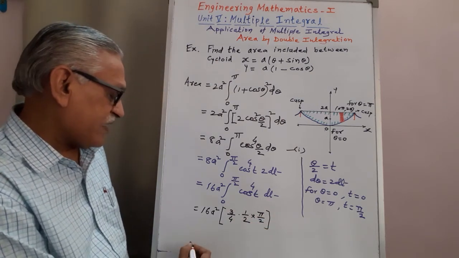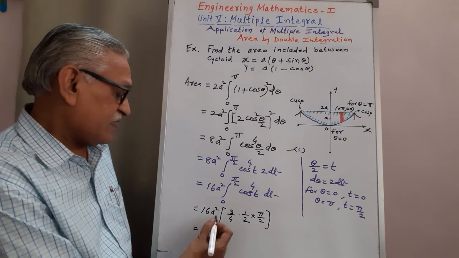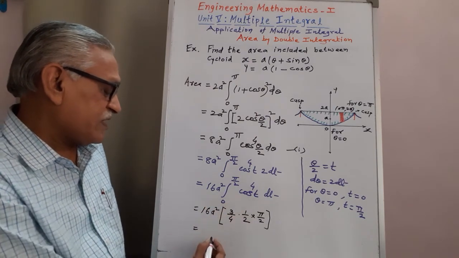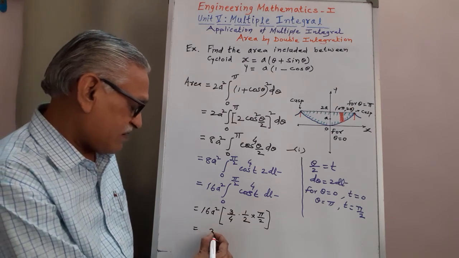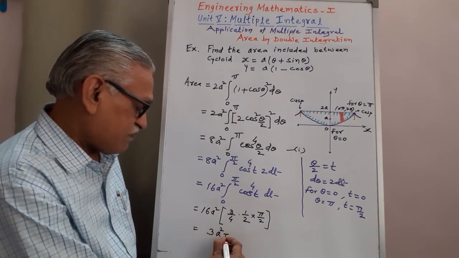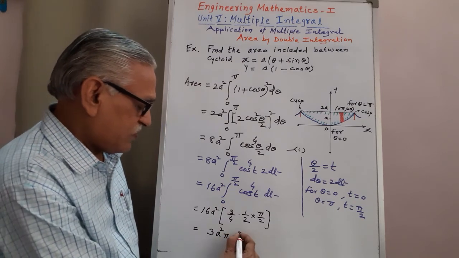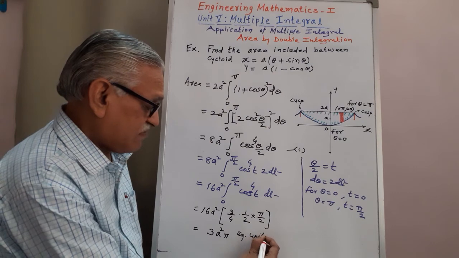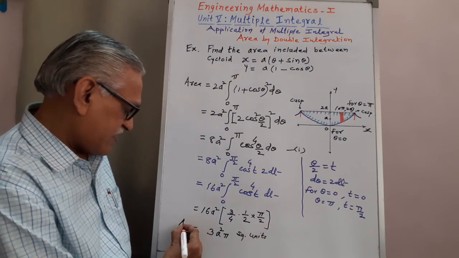Simplifying it, 4 times 8 is 16, 16 is cancelled, therefore we get 3a square pi square units is the required area.